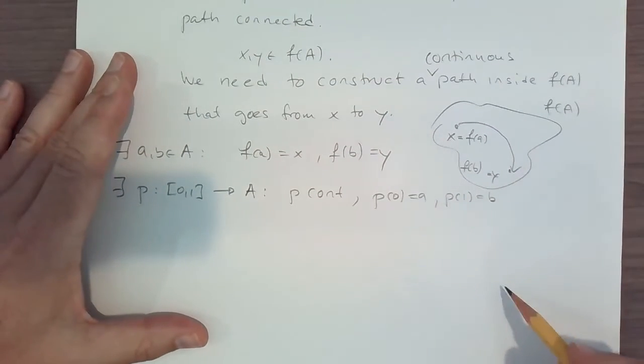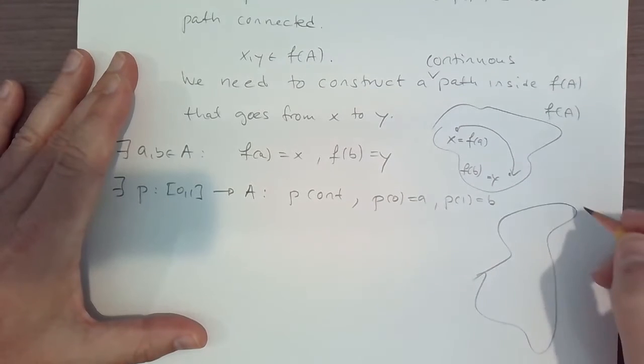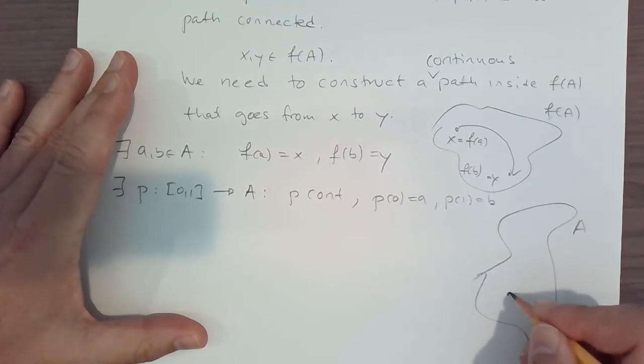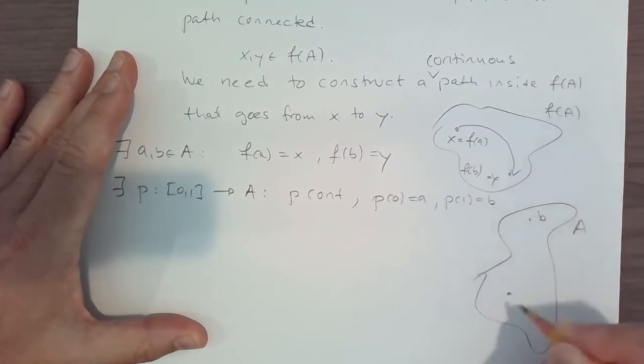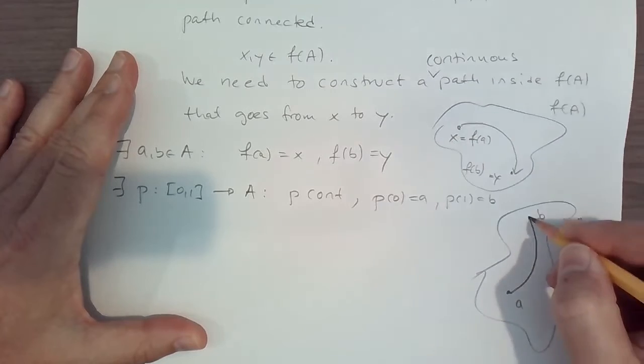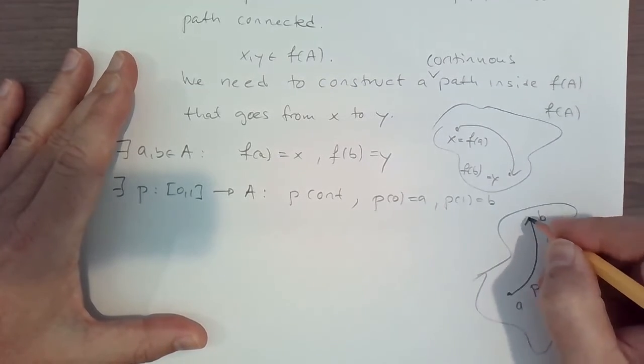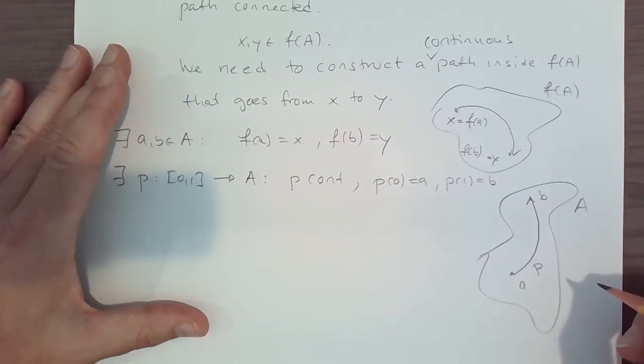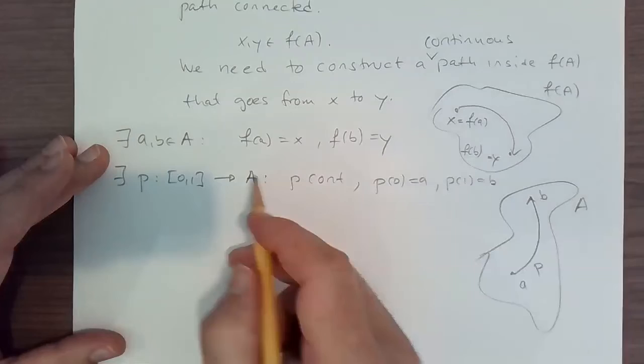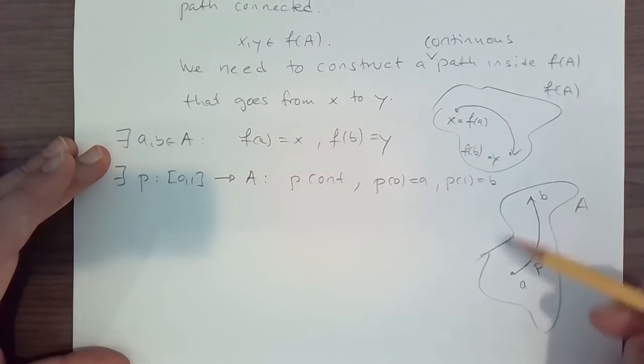So we have the picture. I don't know how A looks. This could be our set A. I can go from a to b using a path that I call p. And p takes only its values inside A.